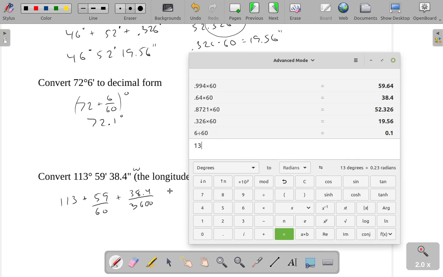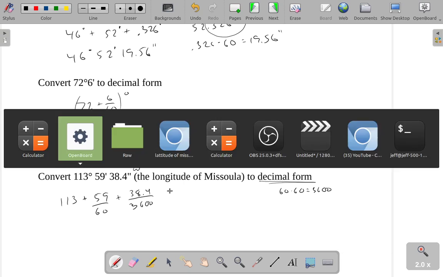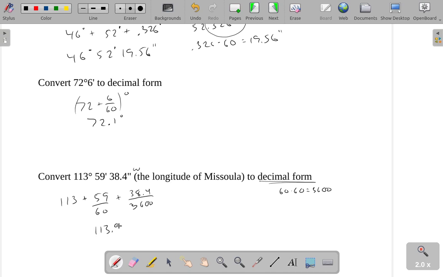So we'll do 113 plus 59 over 60 plus 38.4 over 3,600. And this gives us 113.994 degrees.